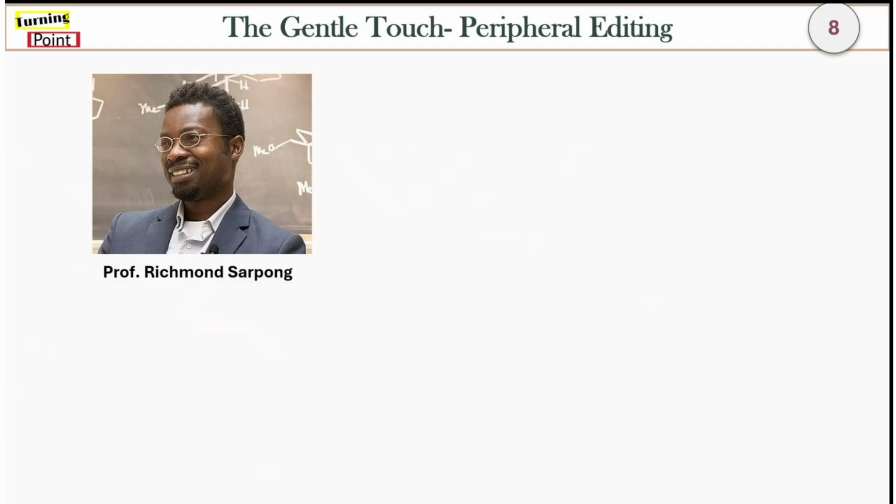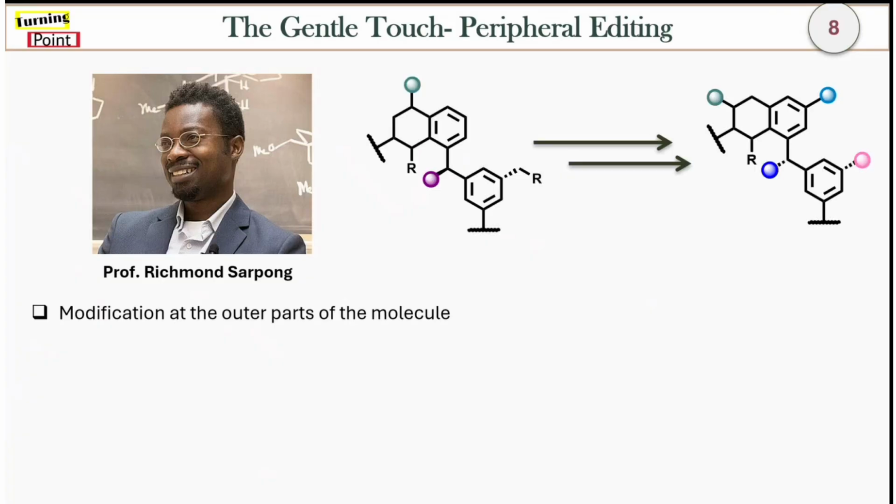As the name itself suggests, in the peripheral editing era, we modify the outer parts of the molecule. If we look at this example, all the modification that has been done in this molecule is only at the outer part. The inner part, the skeleton of the molecule, which is inside this circle, is still intact.